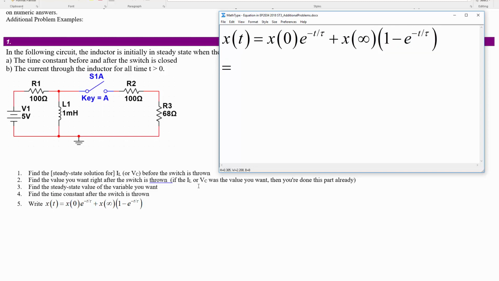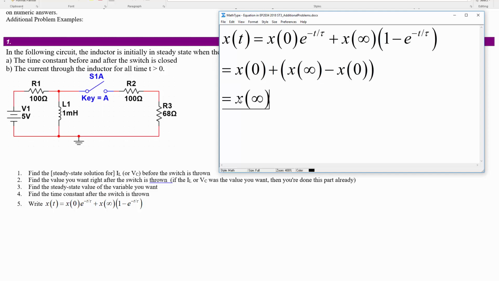You could rewrite this in different convenient forms. So this is the form that only has one version each of the initial and final value. Another way to write it is x at 0 plus x at infinity minus x at 0 times something. Or you could write it as x at infinity plus x at 0 minus x at infinity times something.